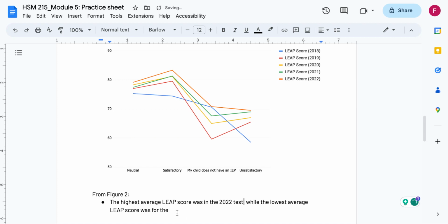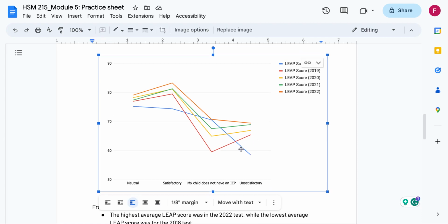And then the lowest one appears to be the blue, and blue is 2018. So that is for the 2018 tests. That's what we know from here. And we also know that this is probably around 58% of this.